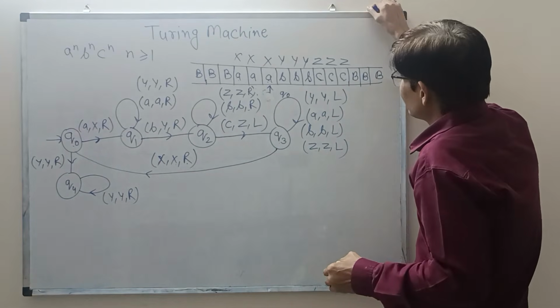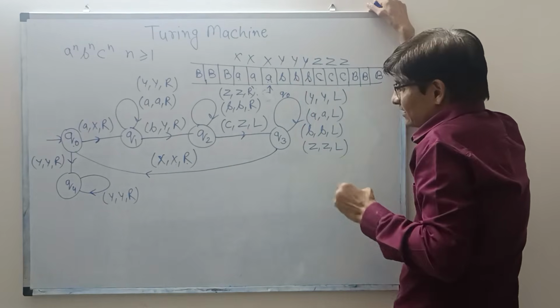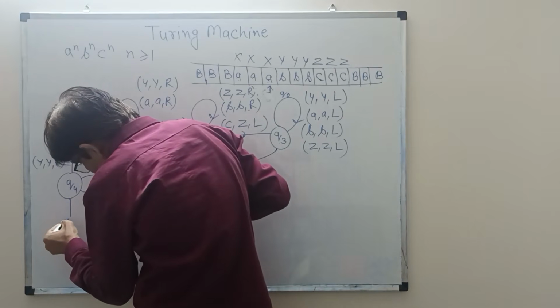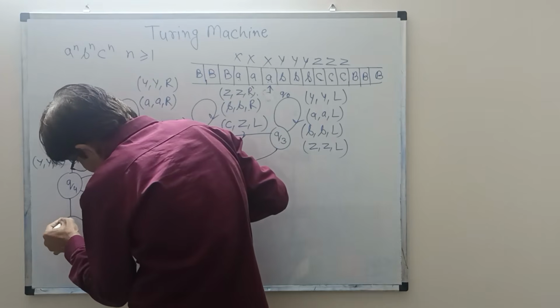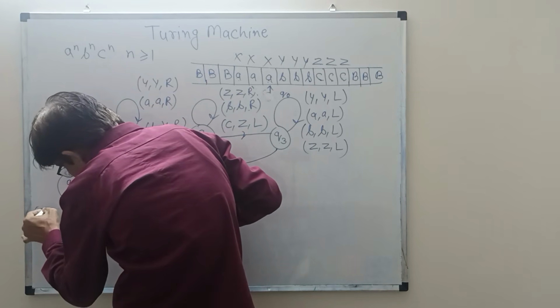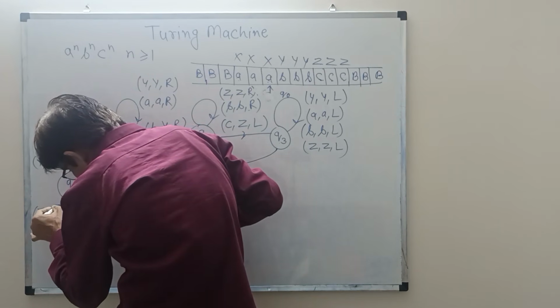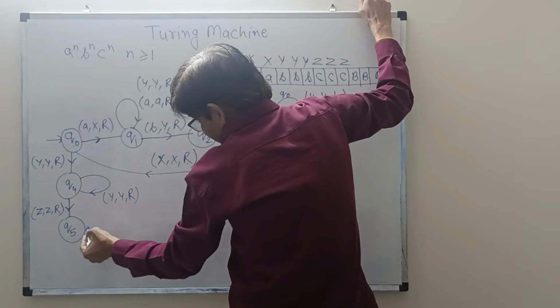And then on Q4, you will get Z. When you get Z on Q4, you will move to another state, which is Q5. You leave this Z as it is and move towards right. All Z's would be skipped by this transition.